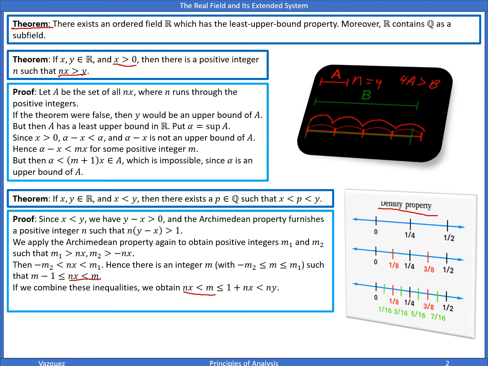And then m is less than or equal to 1 plus nx. We get this from this over here, doing some algebra there. Which is less than what? Which is less than n times y. And where can we get this from? Well, we can guarantee it by doing some algebra over here.